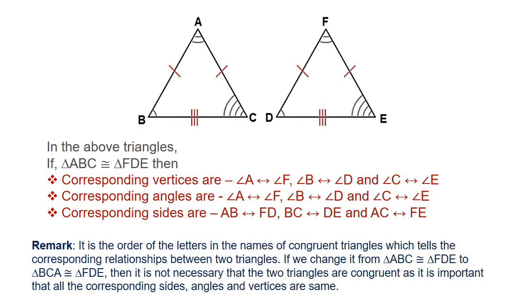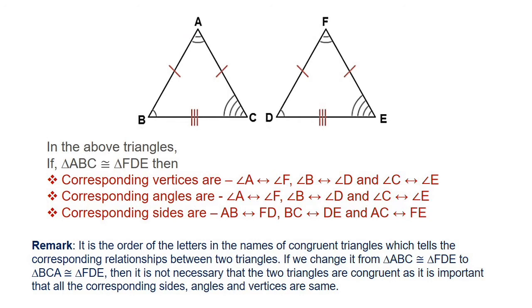And the corresponding sides are AB is the same as FD, BC is the same as DE, and AC is the same as FE. We also have a remark. It is the order of the letters in the names of congruent triangles which tells the corresponding relationships between the two triangles.